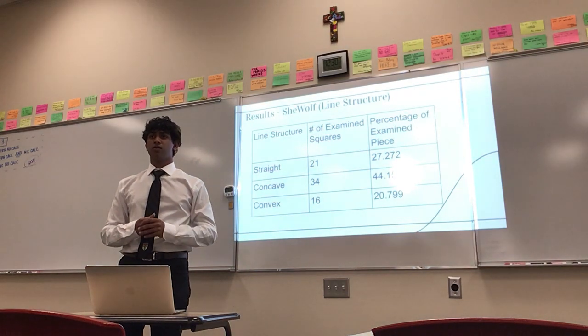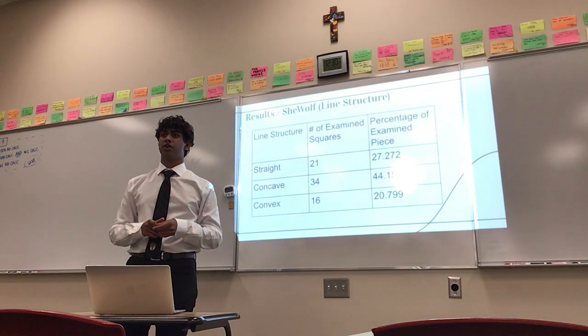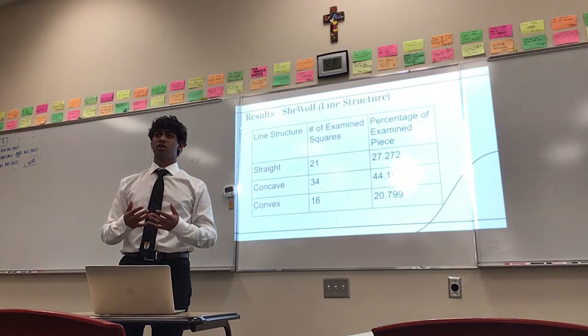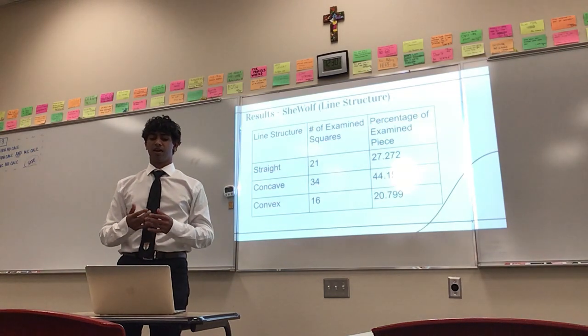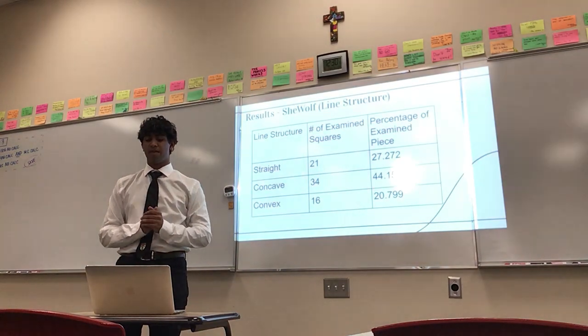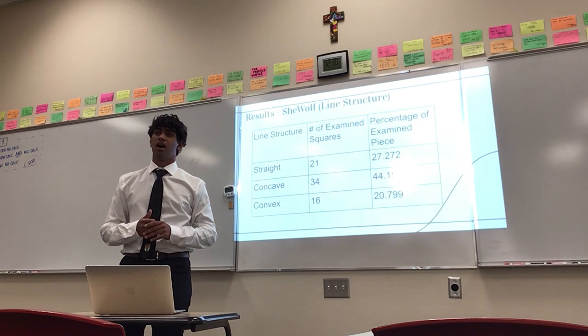Straight being the next, which majority were V-shaped straight lines, which as shown inside of Spence's findings, are associated with anger. And then finally, least was convex, with only 16 of the examined squares, leading to around 20.8% of the whole piece.